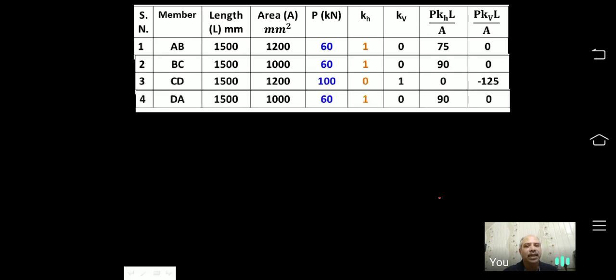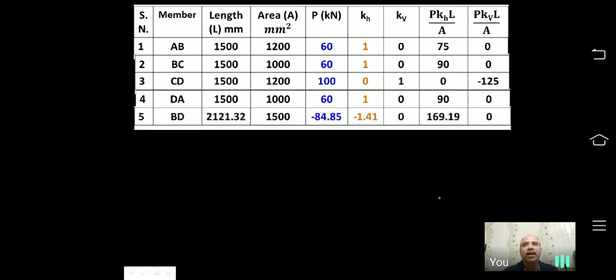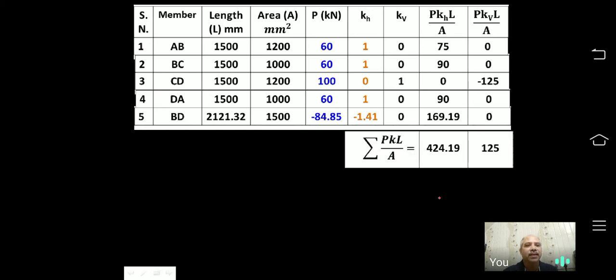That table which was in the last slide, we have taken, and by using this table we are in a position to find the summation of PKL upon A. So the first value is PKH L upon A, and the second is PKV L upon A. The unit again we have for this value is Newton per millimeter. Convert it into Newton per millimeter.